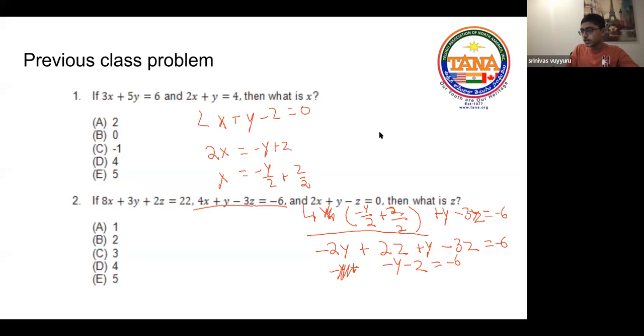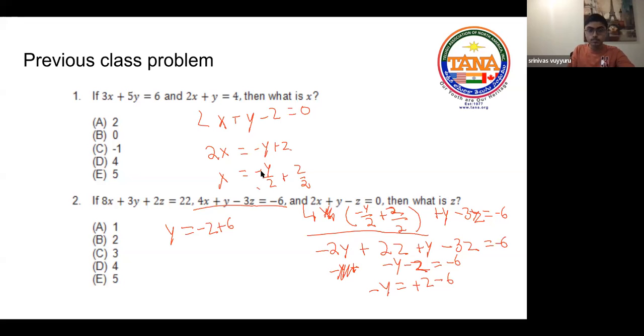Then you isolate for y, getting y equals negative z minus 6. You flip the signs, y equals negative z plus 6. And then you can plug in for y into the original equation.